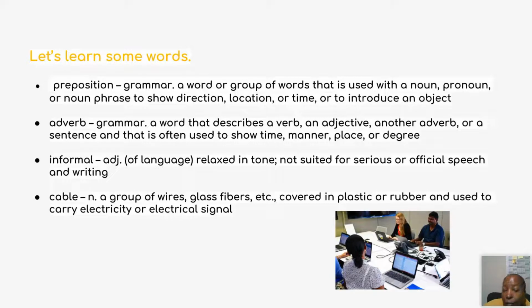An adverb is still grammar. This is a word that describes a verb, an adjective, another adverb, or a sentence, and that is often used to show time, manner, place, or degree.